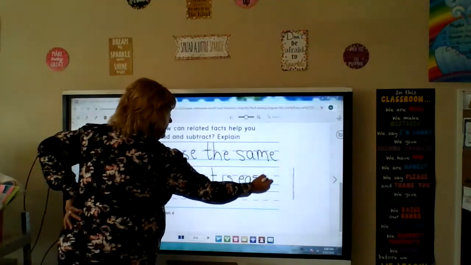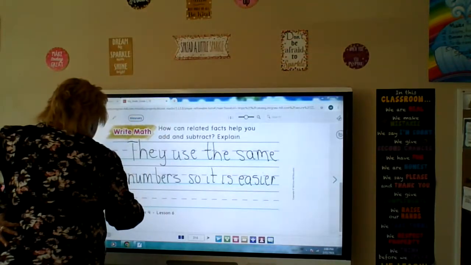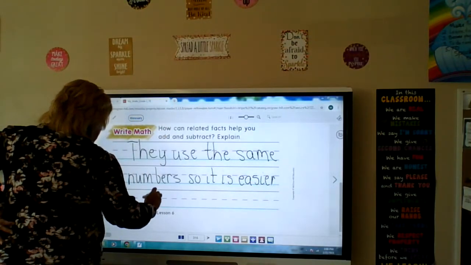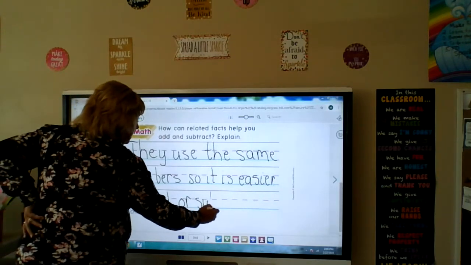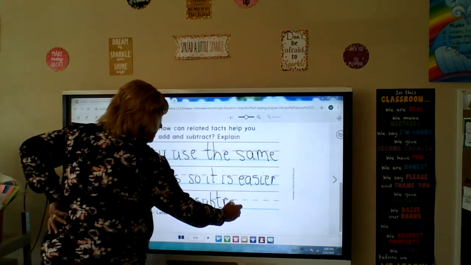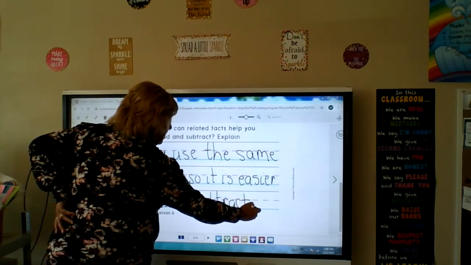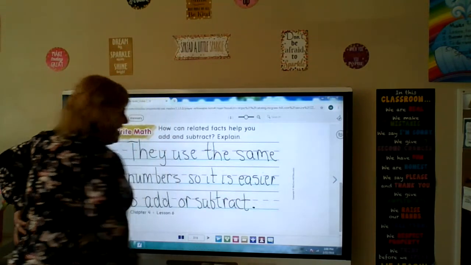It is easier to add or subtract because they use the same numbers. We can think of fact families.